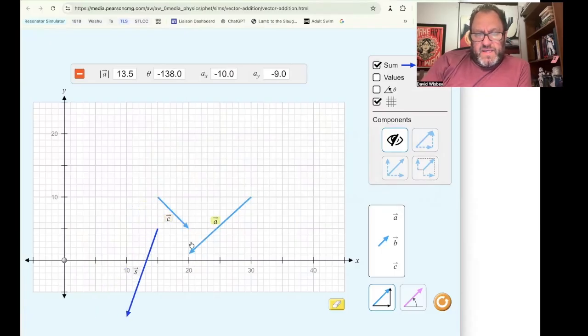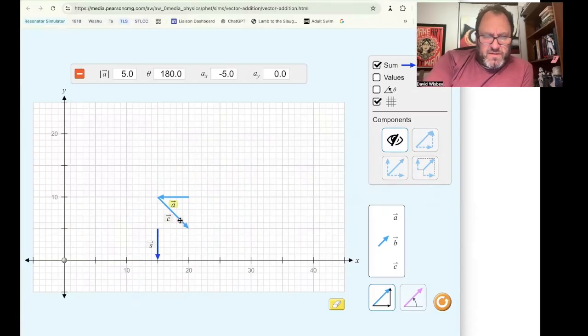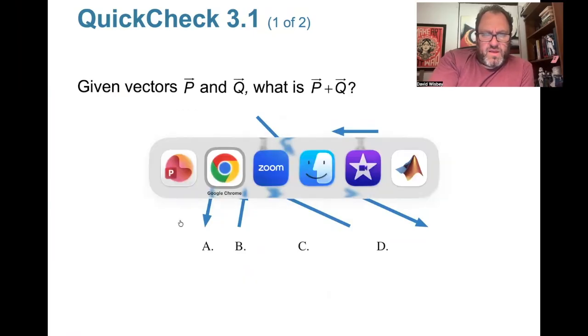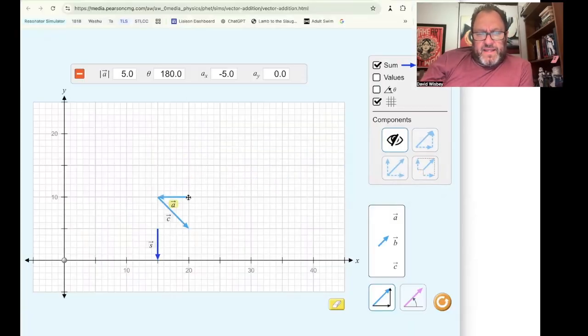That is P, and this is Q. Is that what P and Q look like? Yes, it is. I think they're about the same length. Yeah, it's more like that.